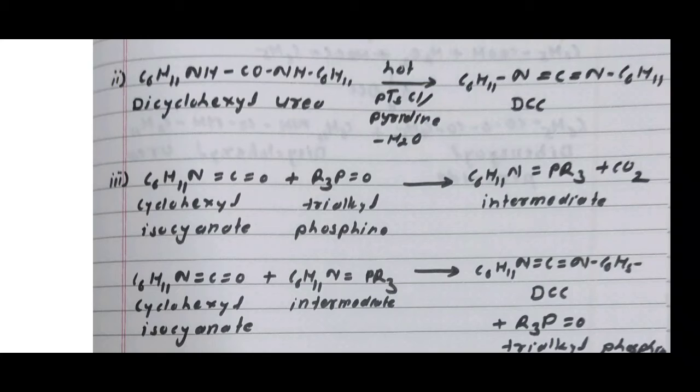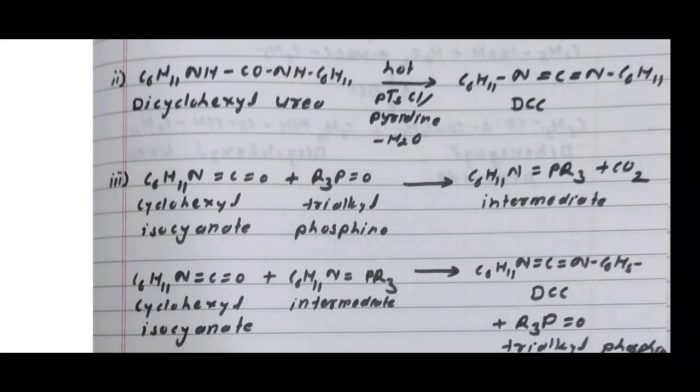Cyclohexyl isocyanate is treated with trialkyl phosphine oxide, R3P=O. An intermediate is formed, C6H11 N=PR3, plus CO2. This is the intermediate. Then this intermediate reacts with another molecule of cyclohexyl isocyanate and forms DCC.